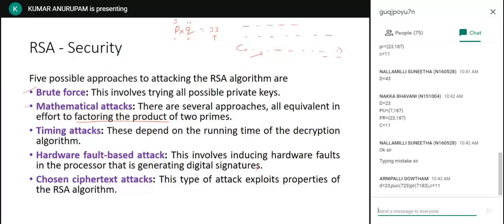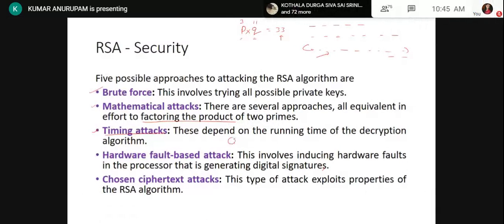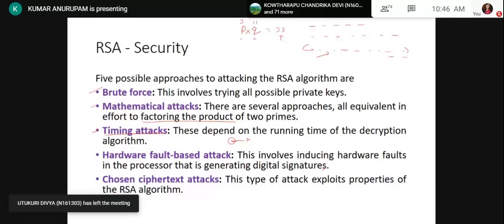The third one is related to time. Now, what is timing attack? This depends on the running time of the decryption algorithm. So in this, the attacker tries to analyze by using any way. For example, in some system, if RSA is working, the person will try to find out for how much time, let's say, any decryption algorithm takes 10 milliseconds.